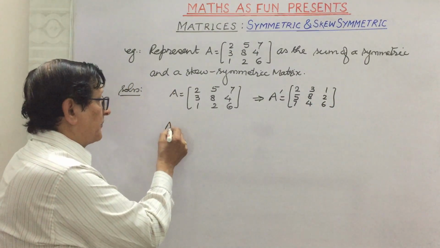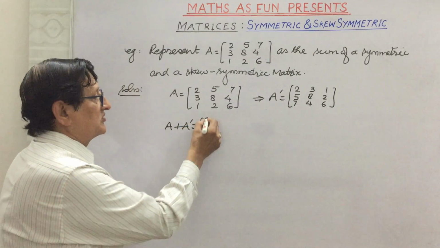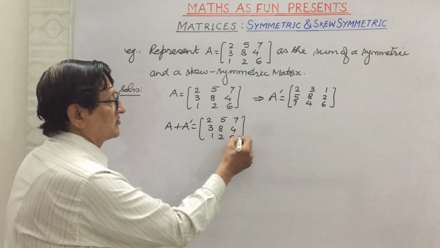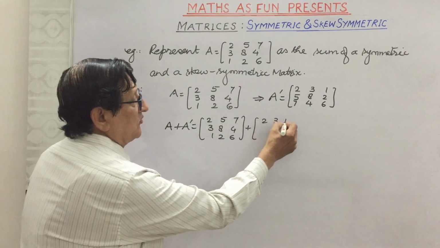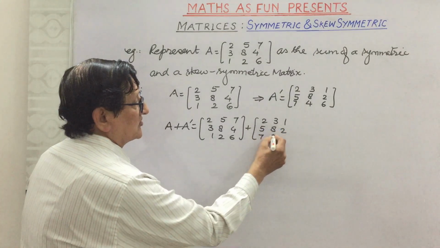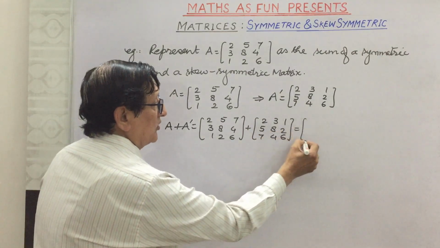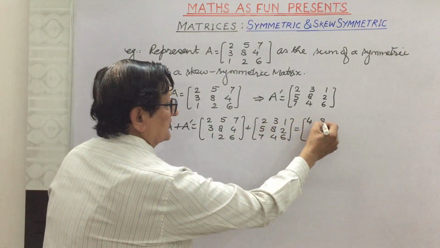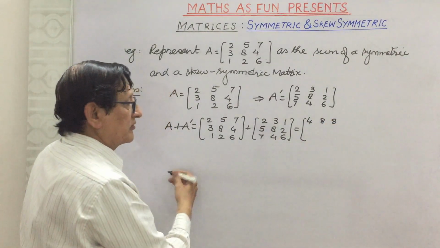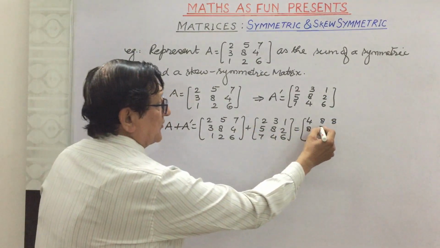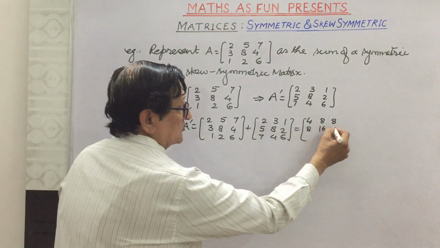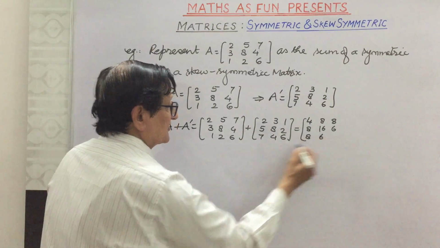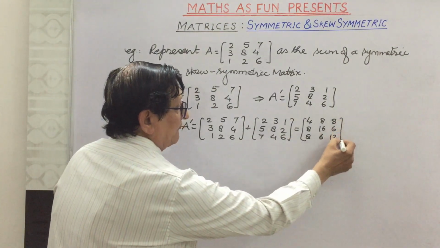Now we find A plus A dash. This is 2, 5, 7, 3, 8, 4, 1, 2, 6 plus 2, 3, 1, 5, 8, 2, 7, 4, 6. Which is equal to, adding the corresponding elements, 2 plus 2, 4, 5 plus 3, 8, 7 plus 1, 8, 3 plus 5, 8, 8 plus 8, 16, 4 plus 2, 6, 1 plus 7, 8, 2 plus 4, 6, and 6 plus 6, 12.